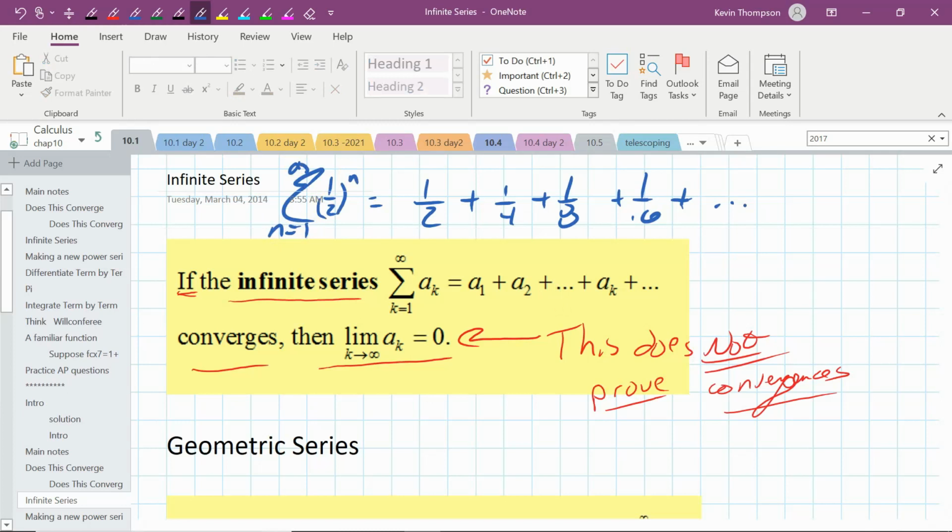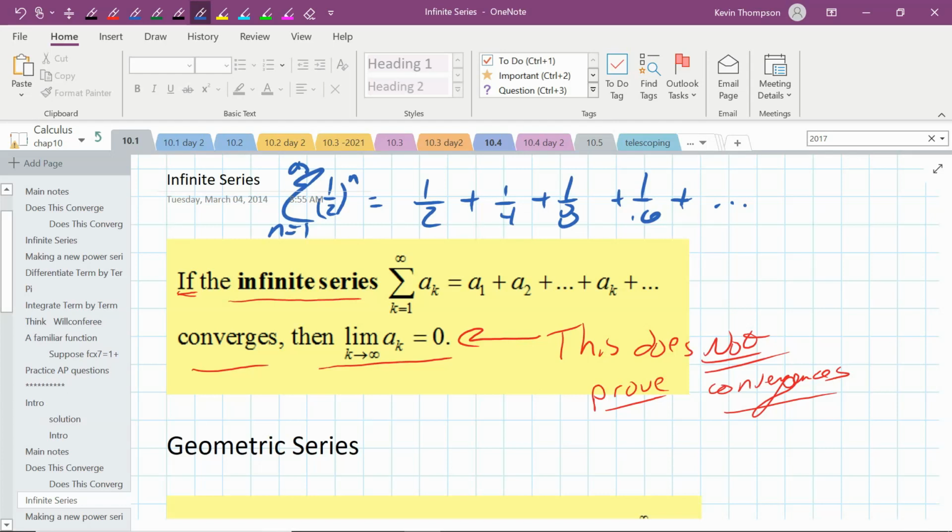The sum isn't, right? We just said that the sum is going to be getting closer to 1 as I add them. But if I just say 1/16th, then 1/32nd, then 1/64th, individually those terms are getting closer to 0. So this says if it converges, that must happen. But that doesn't guarantee it's going to happen.